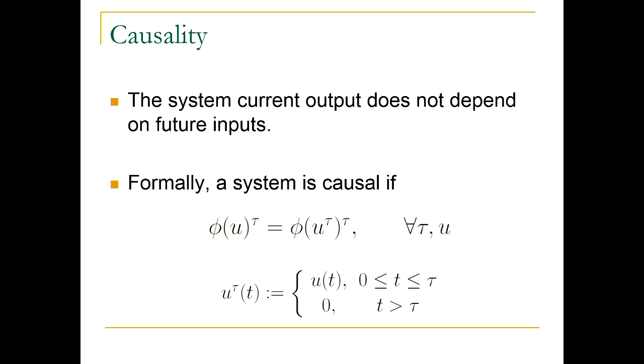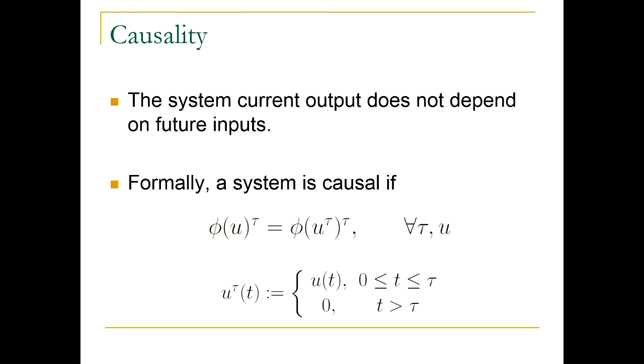So phi of u superscript tau is the output truncated in this way. And what is this thing? Well, this is the output of the system with truncated input u, and then I truncate the output. Now, you may say, oh, why would you do this? Well, the intuition behind causality is that future inputs do not affect current outputs.